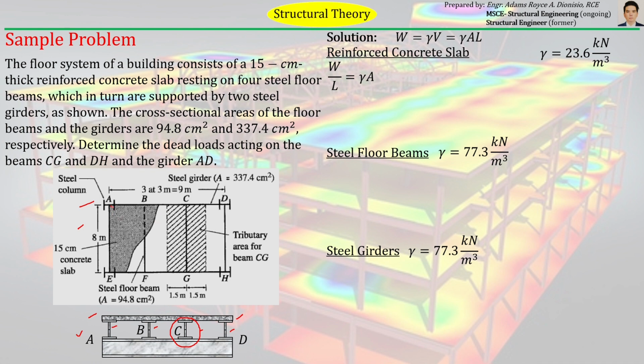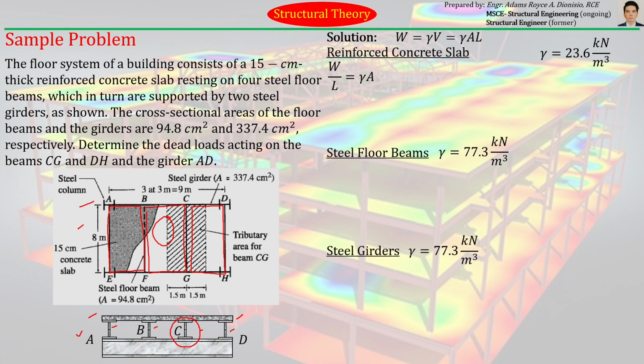So ito, isang slab panel to, isang slab panel yan, ito, another slab panel to, and then this one, another slab panel. Okay, so yung mga loads being carried by each of this panel are being transferred to the supporting floor beams. Ngayon, ang tanong na lang dyan, how much of the load being carried, say for example, by this slab panel is being transferred to the supporting floor beams, CG and BF.